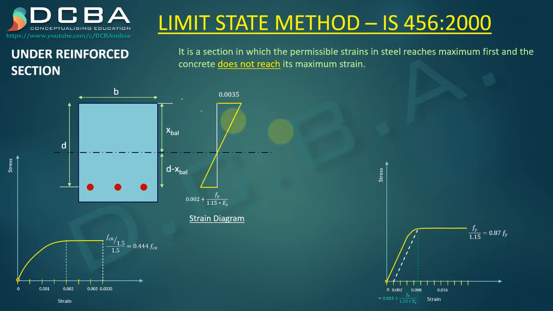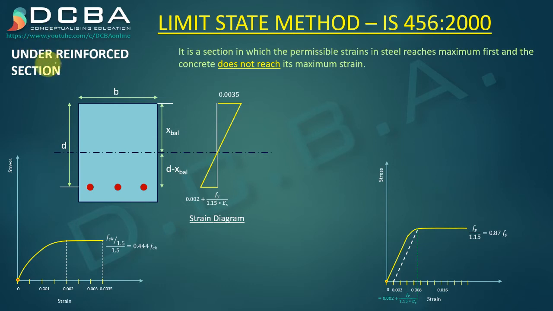Moving on to the next one, which is the under reinforced section. It is a section in which the permissible strain in steel reaches maximum first and the concrete does not reach its maximum strain. Again, this I had explained in WSM. This happens because we are providing less reinforcement than what is required for a balanced section.